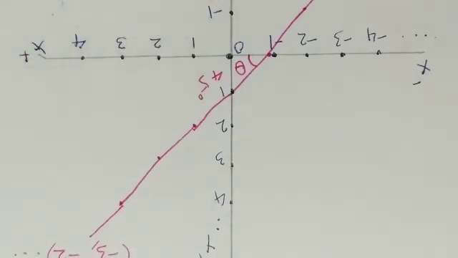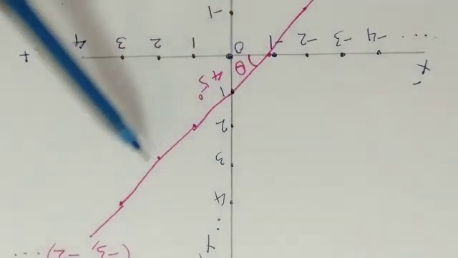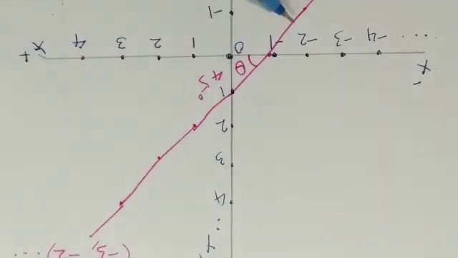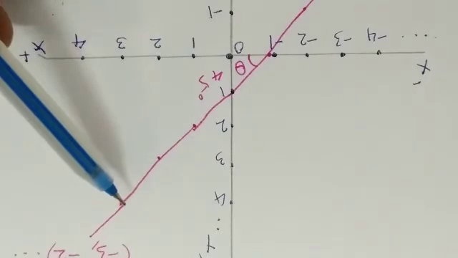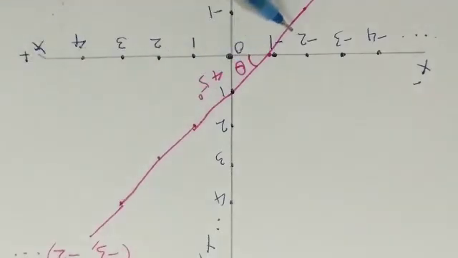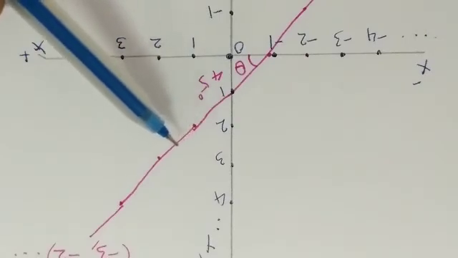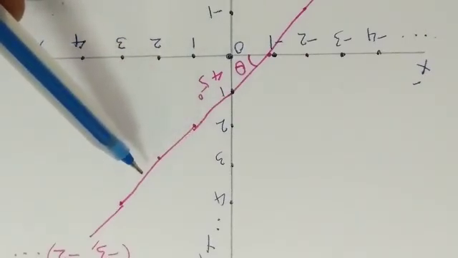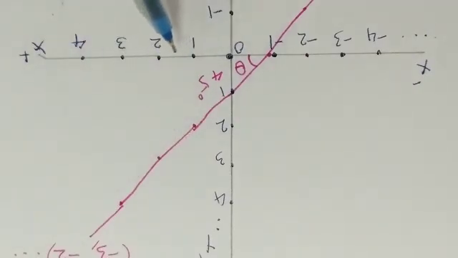For that, we try to find the slope. Slope is a number which shows the steepness of this line, which means suppose this is a line.